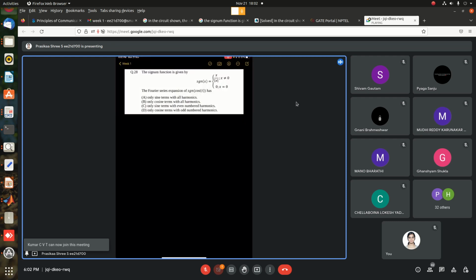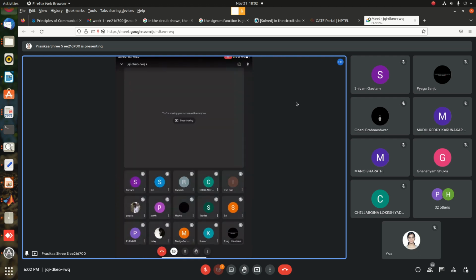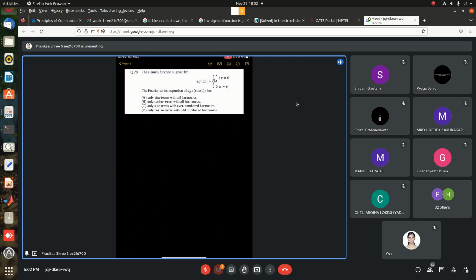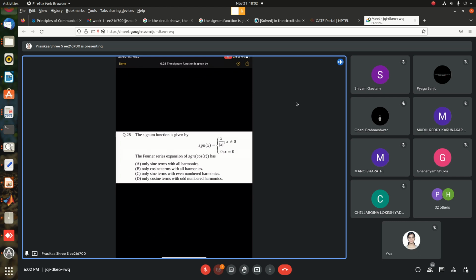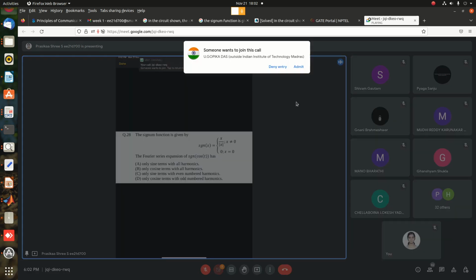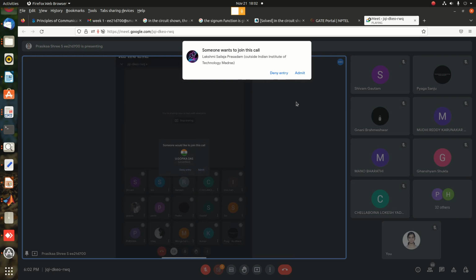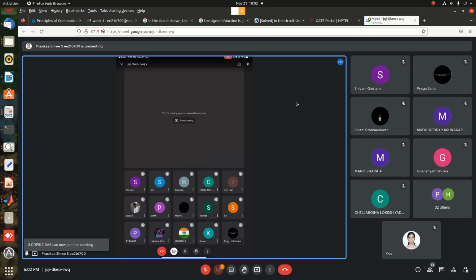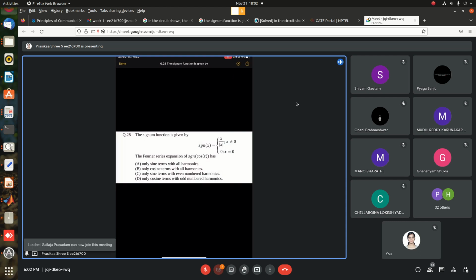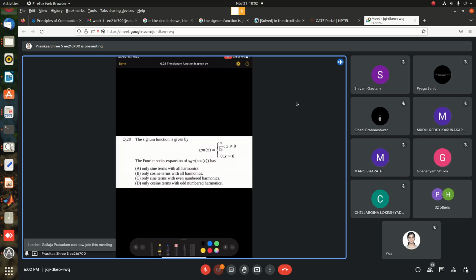So the first question goes like this. This is GATE 2015, I guess. The signum function, all know that the signum function is given by this formula.